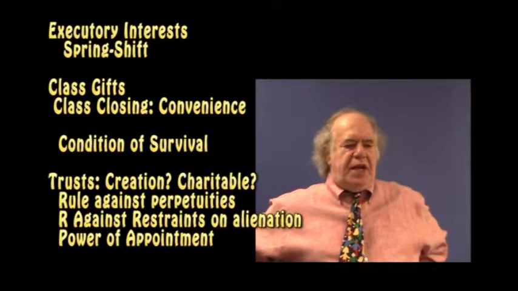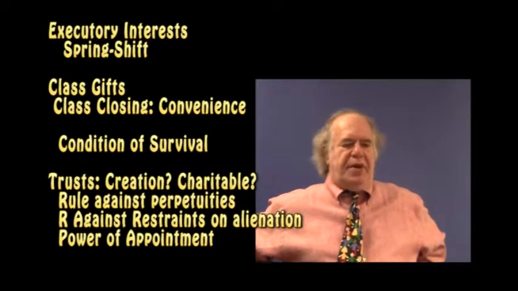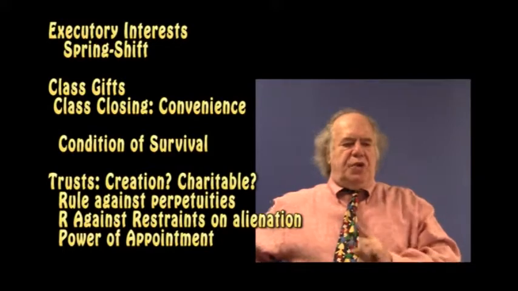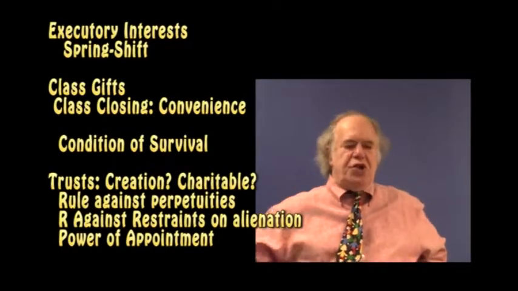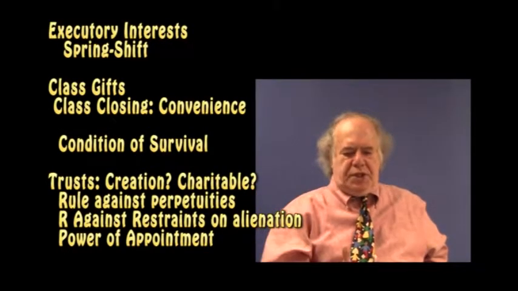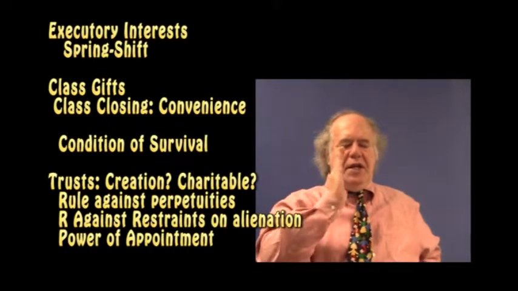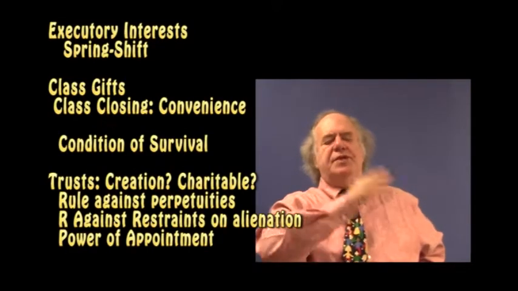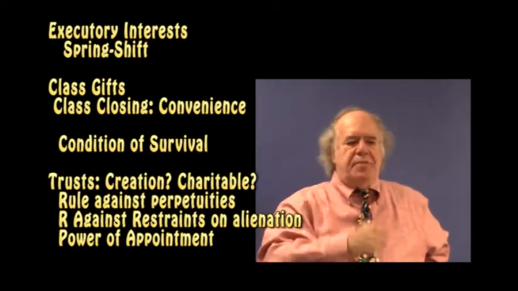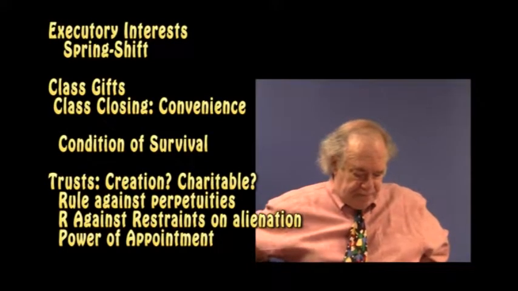Shifting and springing executory interests, which you will read about, are subject to the rule against perpetuities. Generally, they cut short an interest in a fee simple determinable or a fee simple subject to an executory interest.